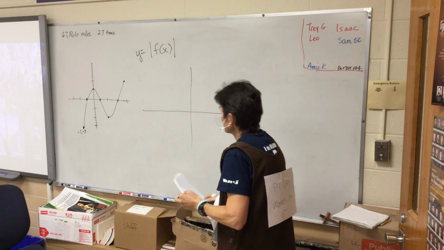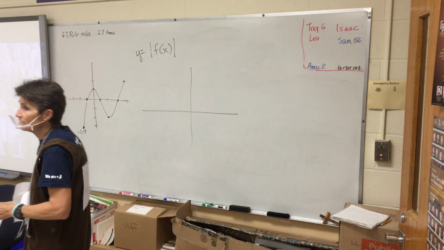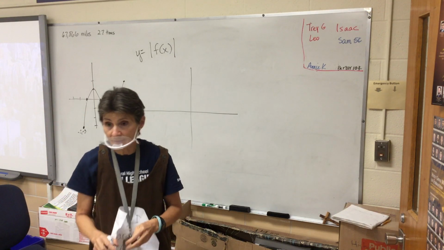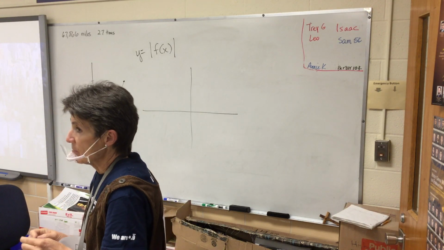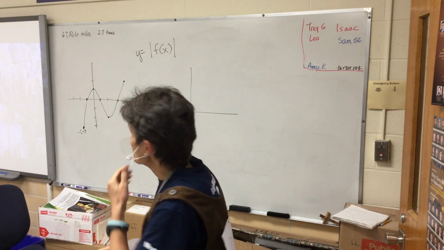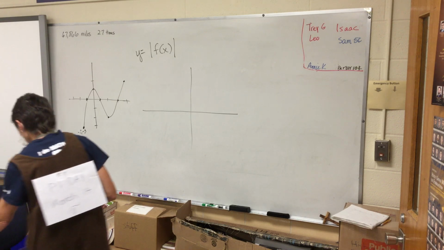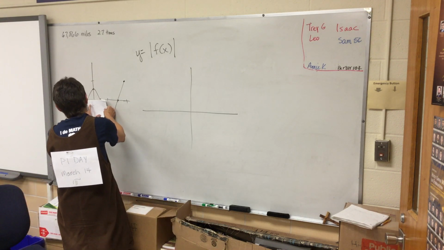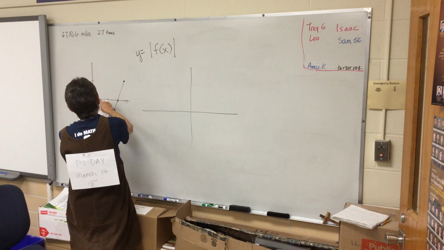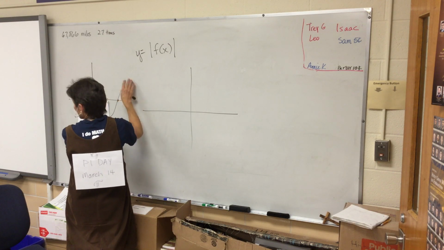What impact does taking the absolute value of the whole thing have? Well, this is pretty easy because you know that when you take the absolute value of something, it becomes positive, right? That's what absolute value does. It makes everything positive. So when I look at this curve, this part and this part are already positive.